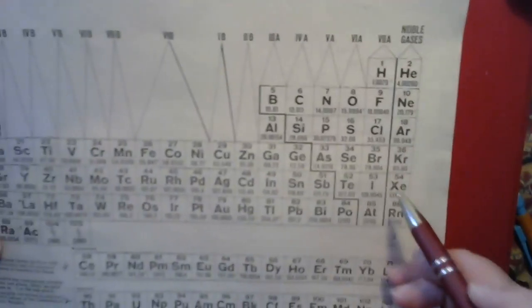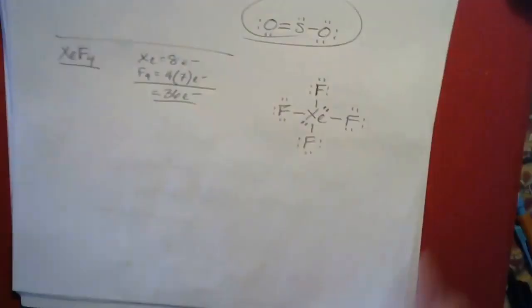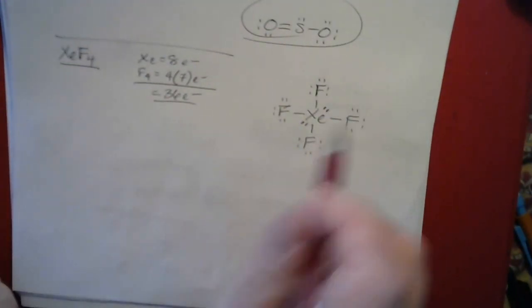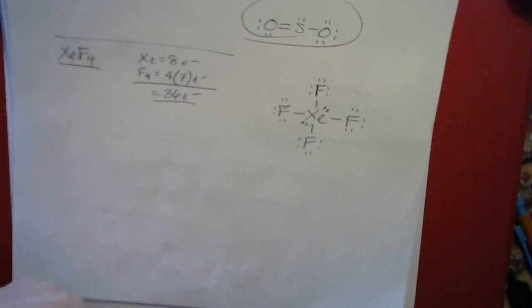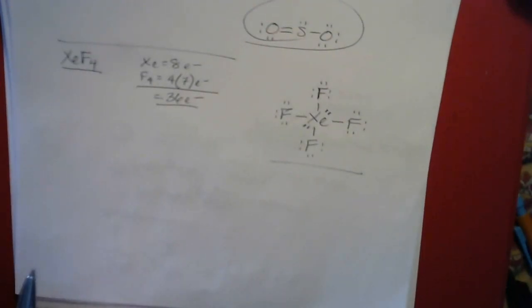It's a very large atom, so it can accommodate more than an octet of electrons if it has to. And in this case, it does have to, because that molecule definitely does exist. And the only way it can exist is if xenon has more than an octet around it. So there you go. There's an example of a hypervalent compound.